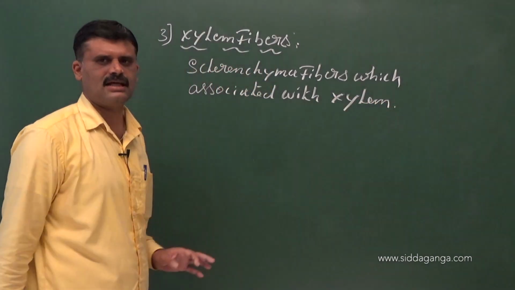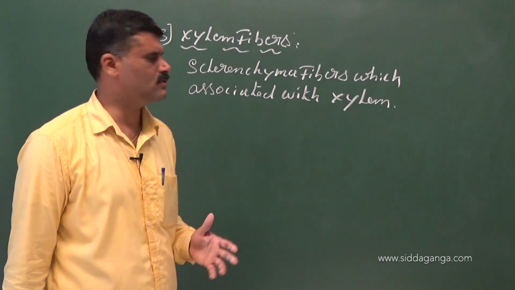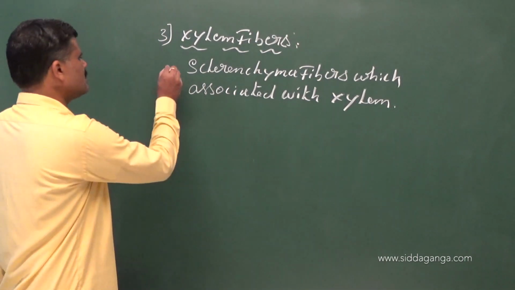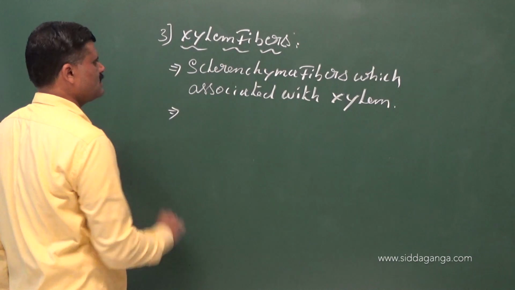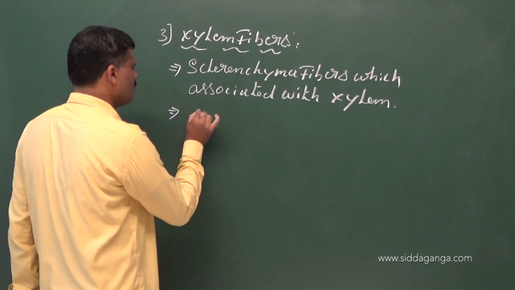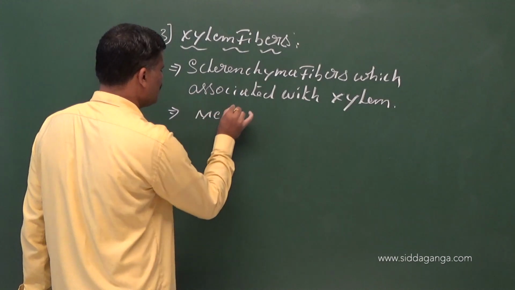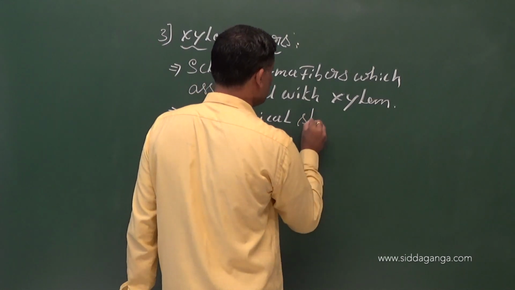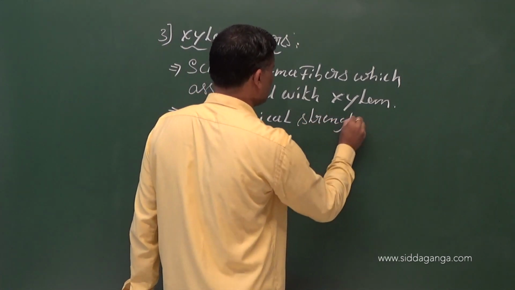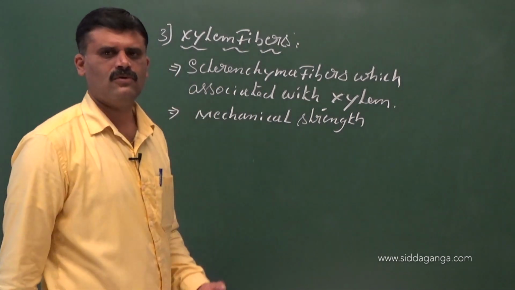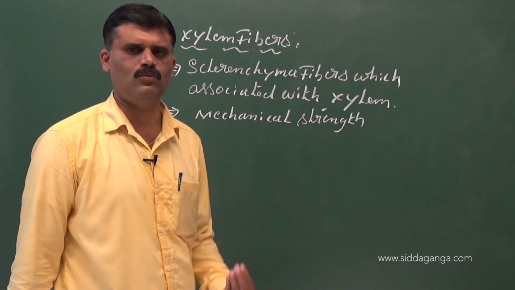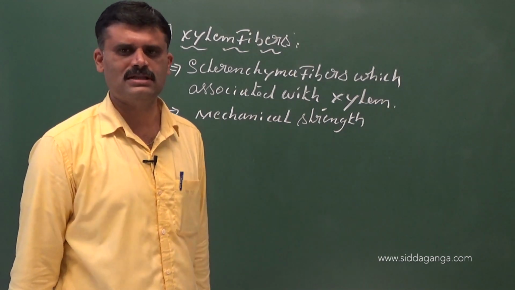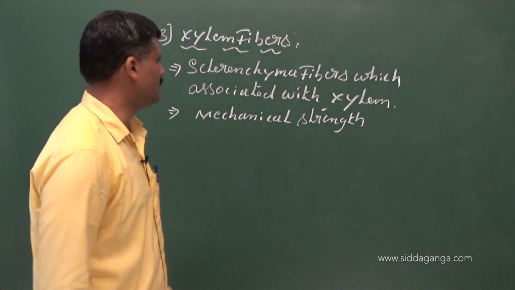The sclerenchyma tissue or fibers associated with xylem are called xylem fibers. The main function of xylem fibers is giving support or mechanical strength to xylem. Xylem is involved in conduction of water. The movement of water takes place inside the xylem, so the fibers give mechanical strength to the xylem tissue.